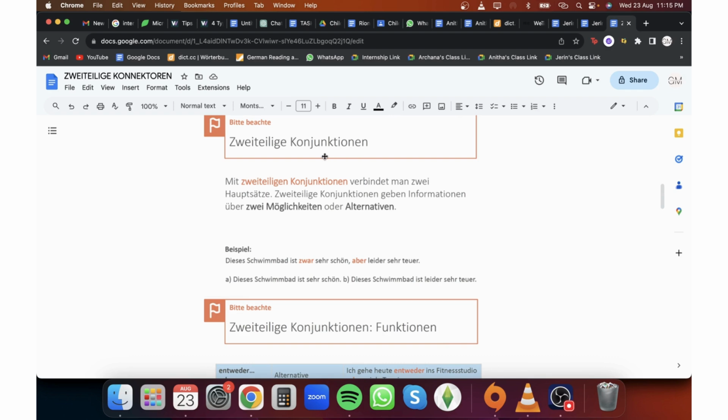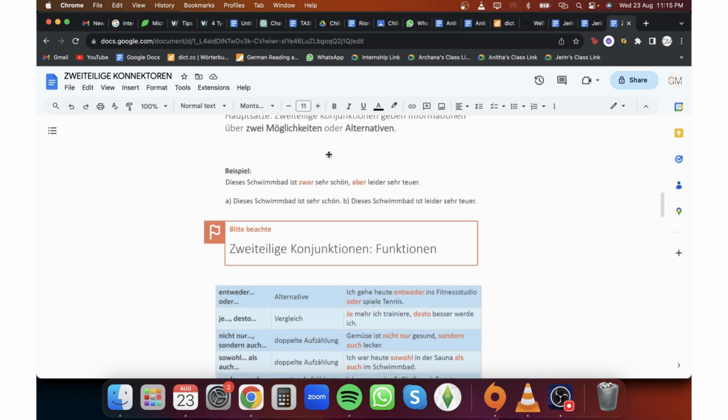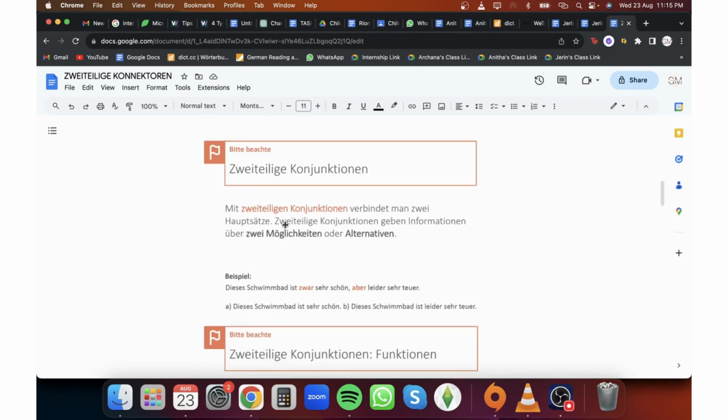Zweiteilige Konjunktionen or Konnektoren, whatever you wish to call it. Hier mit zweiteiligen Konjunktionen verbindet man zwei Hauptsätze. So in this situation, since we have two-part connectors, one connector is in the first sentence, the other is in the second sentence, both the sentences are called Hauptsätze. Earlier on when we were learning connectors, one was the Hauptsatz, the other was the Nebensatz, if you remember.